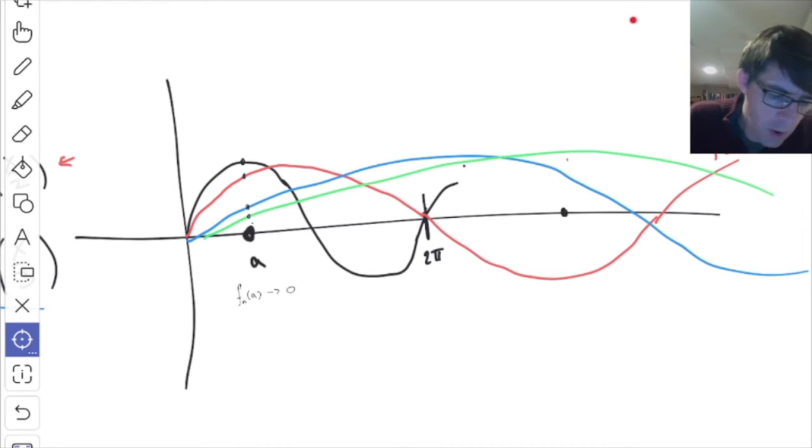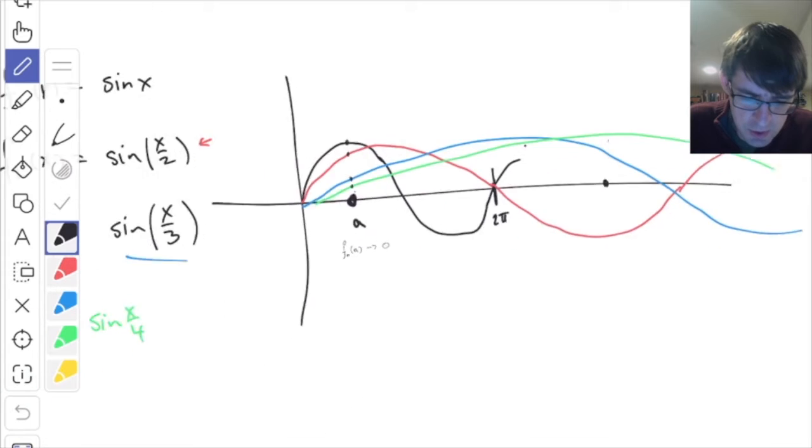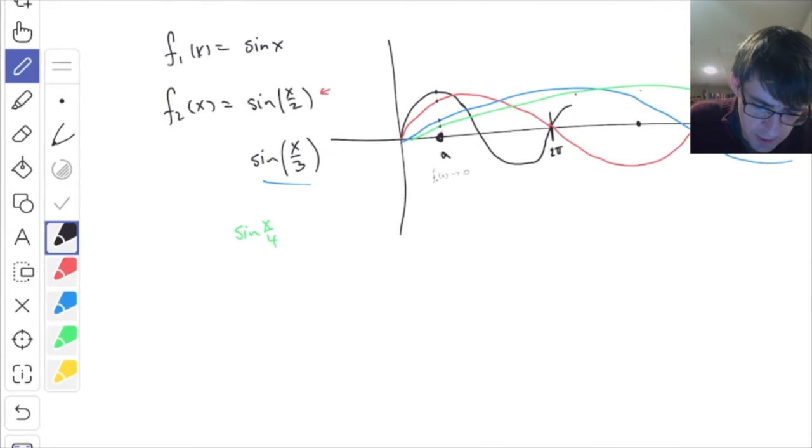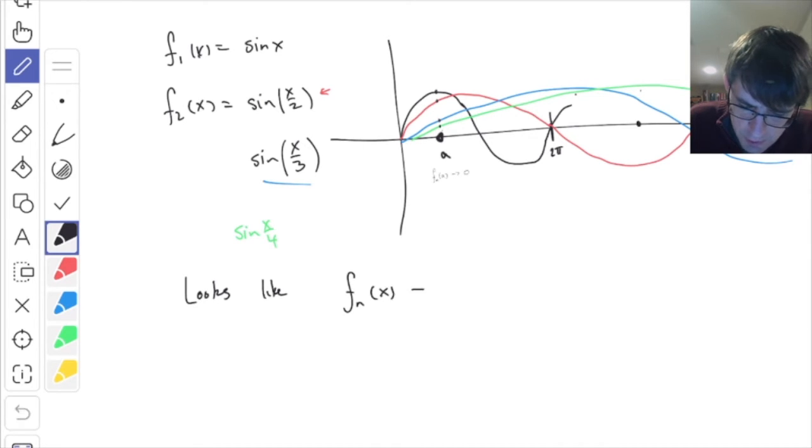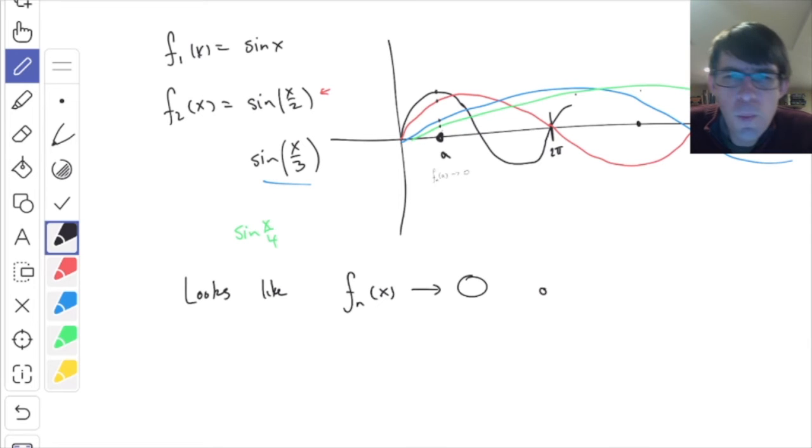So anyway, all of that, looking at the picture, is just to give you an idea. It looks like fn of x converges to 0. On what set does it converge? I think this is going to happen for every point. It will always converge to 0.